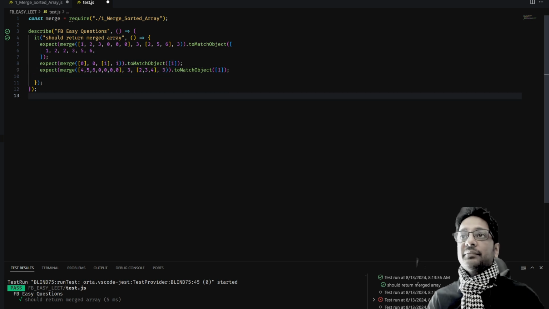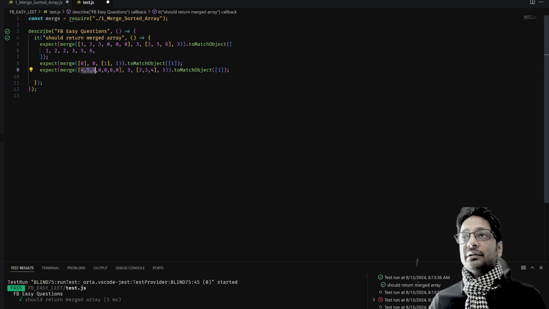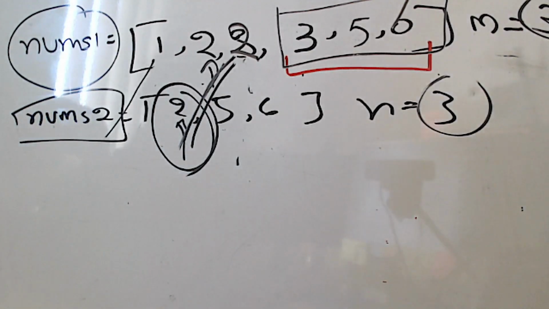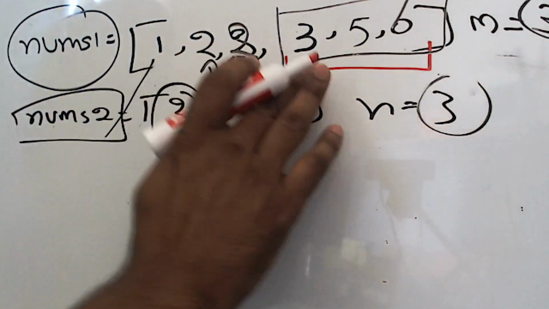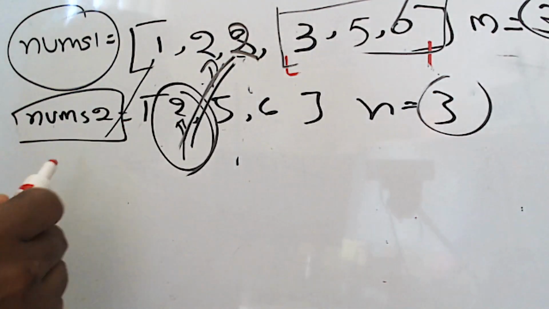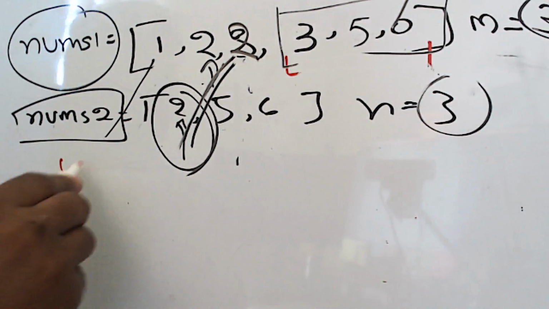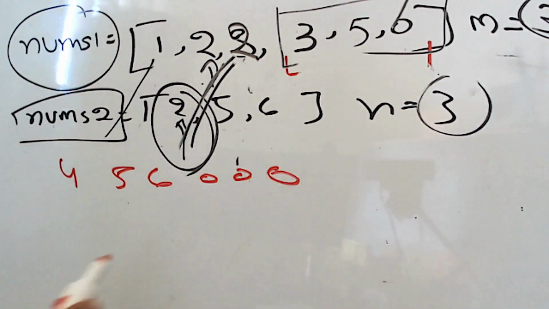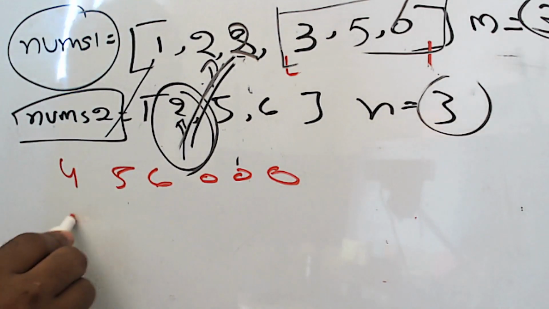In this kind of test case, the nums1 has the greater values. Let me show you here for better understanding. For this test case we have 4 5 6 0 0 0, and another one is 2 3 4.